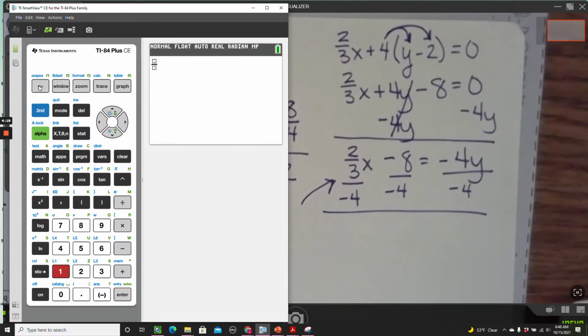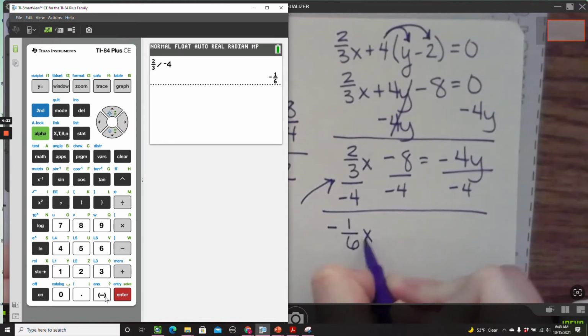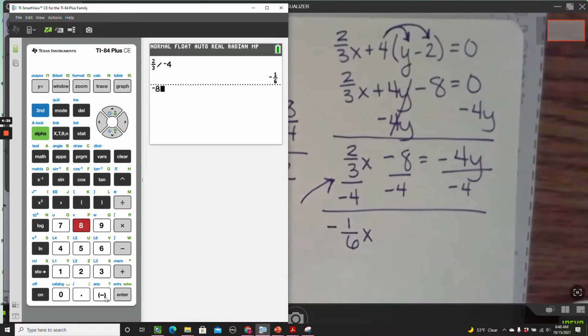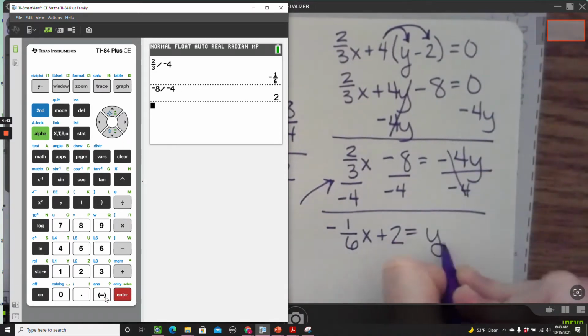So alpha y1, 2/3, and then I'm going to divide that by -4. And I get -1/6. Is that right? Yep. So I've got -1/6 x, and -8 divided by -4 gives me a +2. Then these cancel, and I'm left with y.